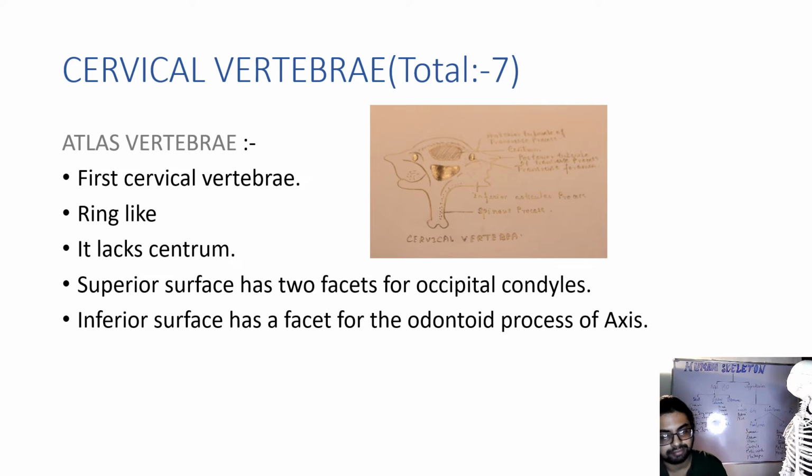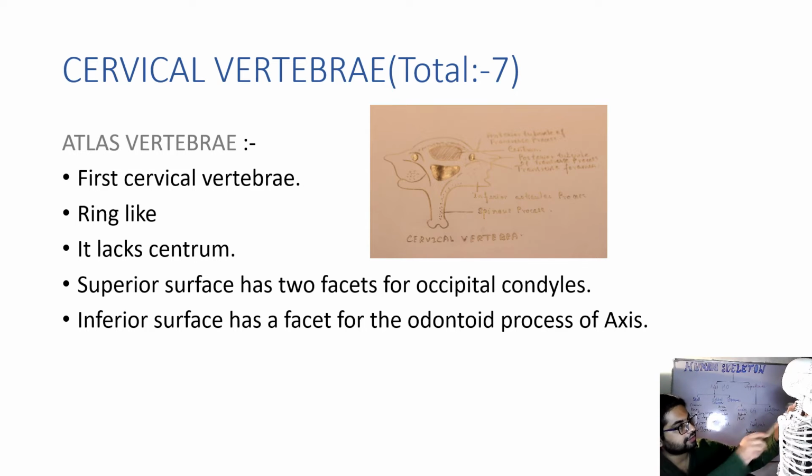Now what is centrum? This is not so important as of now. The superior surface has 2 facets for the occipital condyles. This cervical vertebra joins with the skull with 2 condyles, as I have mentioned earlier. So with 2 superior facets, it joins with the skull. Now the inferior surface has a facet for the odontoid process of the axis.